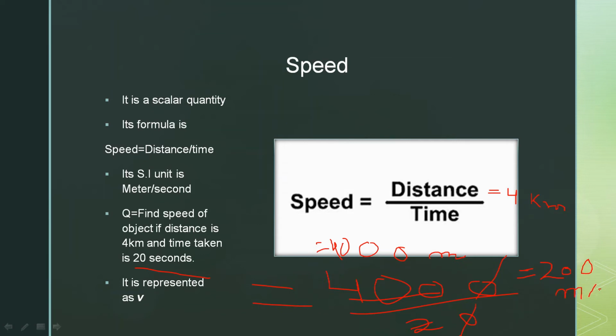You have to mention this unit after each numerical, otherwise you can lose your marks. Also, speed is represented as v, not as s. You know about the sign convention which I told you in the last lecture.